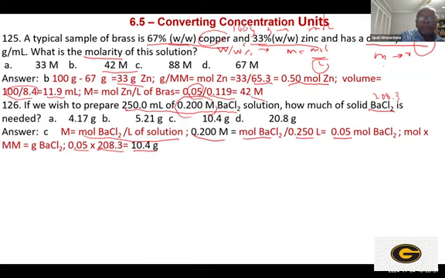To make this 0.200 molar barium chloride solution, you get 10.4 grams of barium chloride dissolved in 250 milliliter volumetric flask. That's the answer. How many grams needed to make molarity solution? Molarity of 0.200.